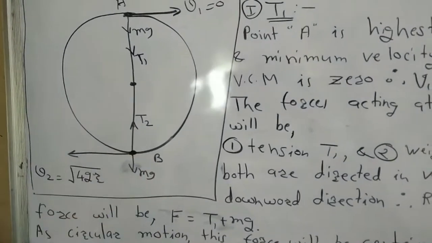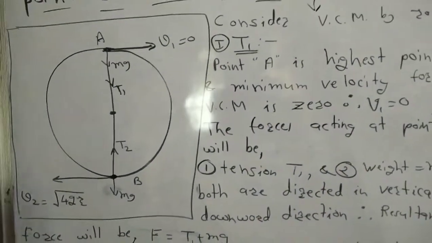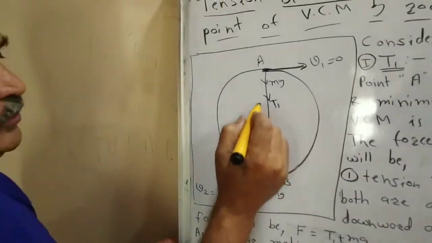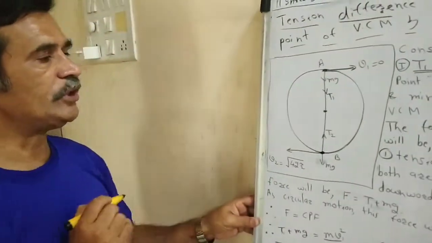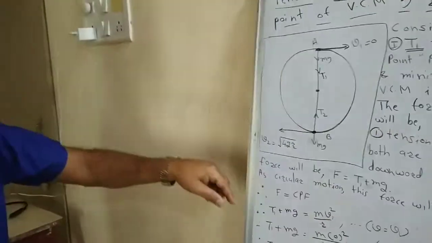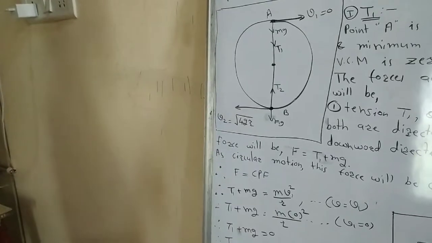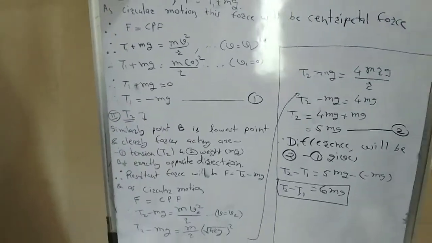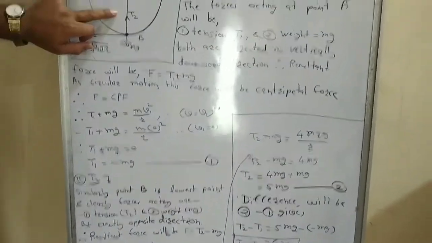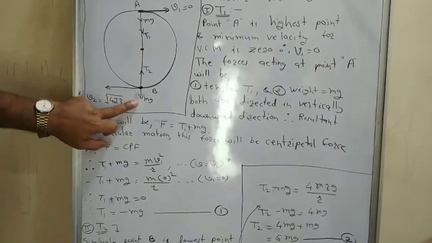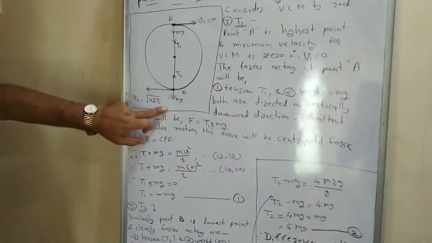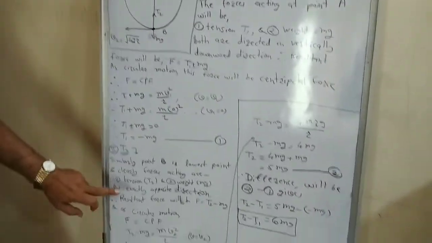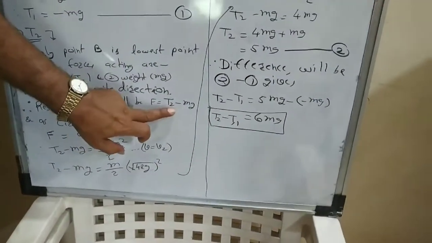Second, tension along the rod toward the center of the circle. So T2 and weight are exactly opposite to each other, and the resultant force is the subtraction of the two. So the resultant force F is equal to T2 minus mg.